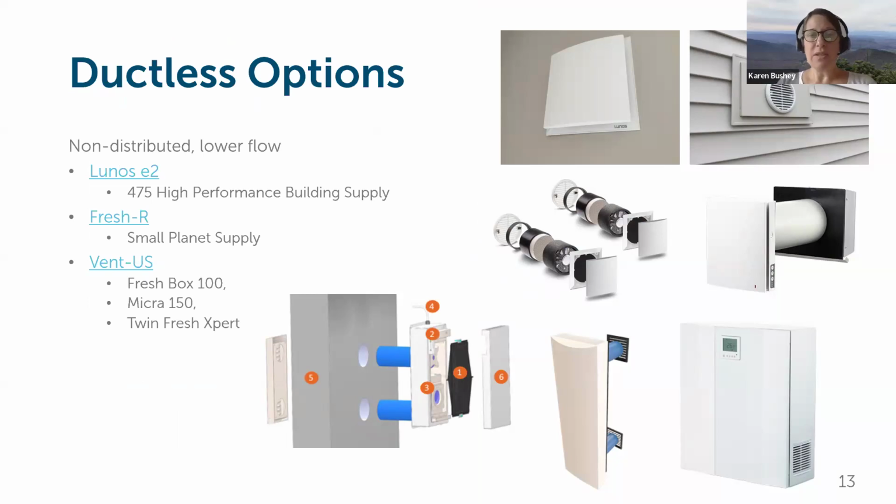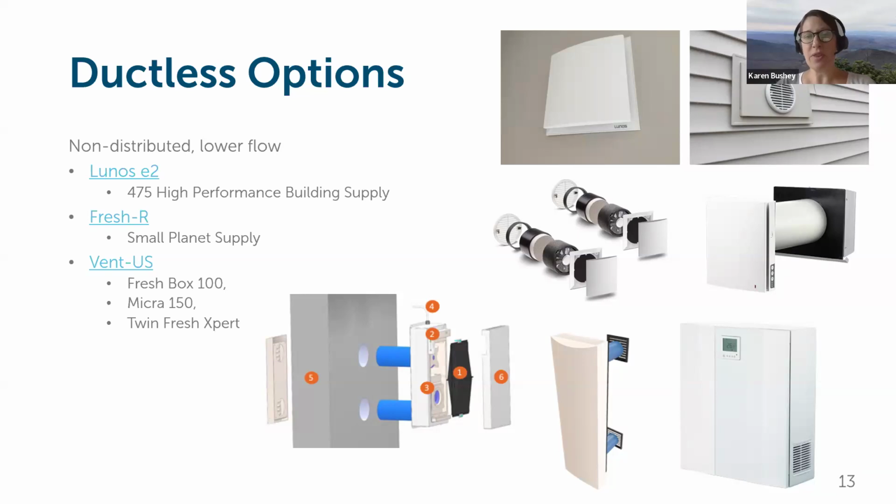What we wanted to say about the ductless units is that they do serve a purpose, but because of the fairly low flows that are offered by these pieces of equipment, they work best for just single room solutions, like an addition perhaps, or very small homes that have few interior walls and are very open.